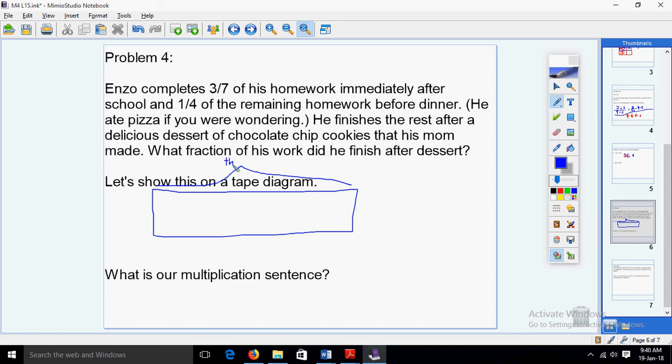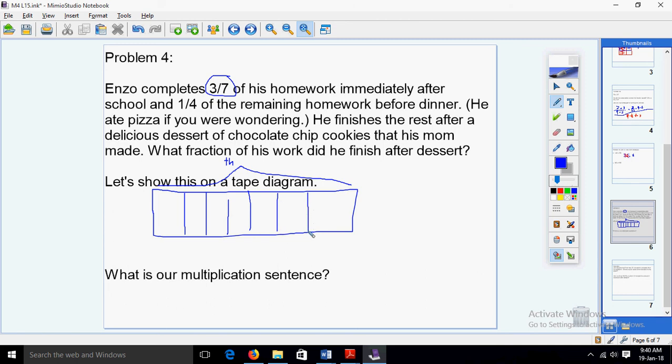Now, the units that we're in are sevenths. He completes 3/7 of that. So I'm going to show 7: 1, 2, 3, 4, 5, 6, 7.